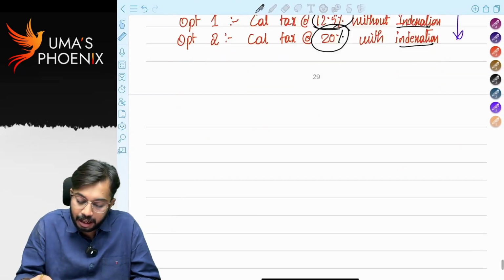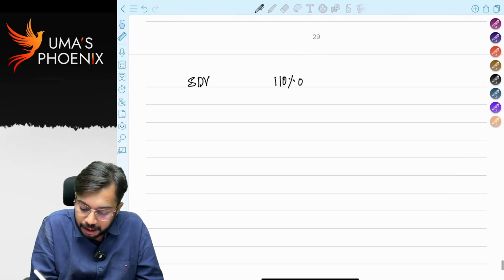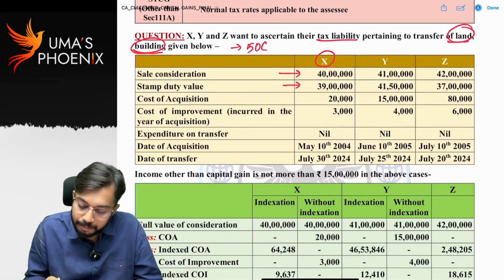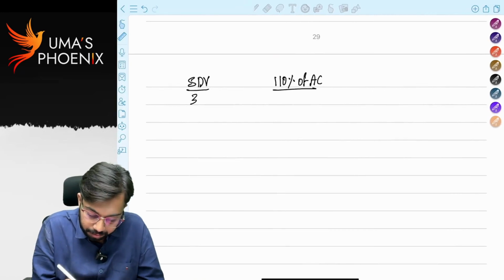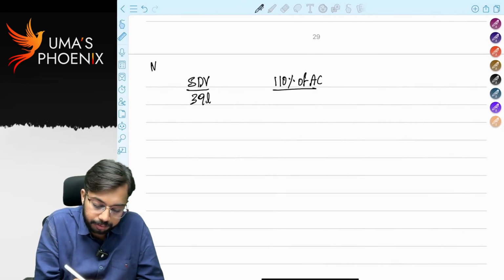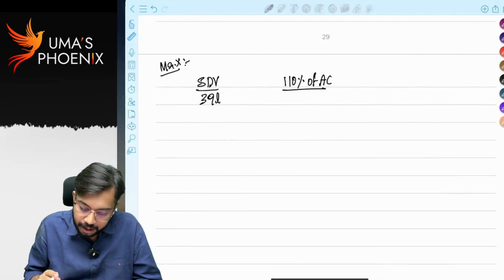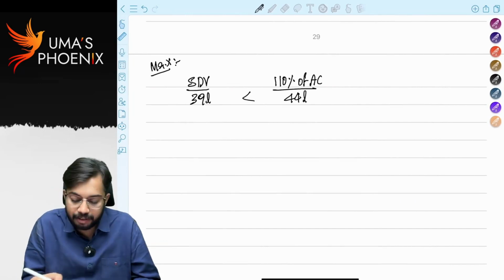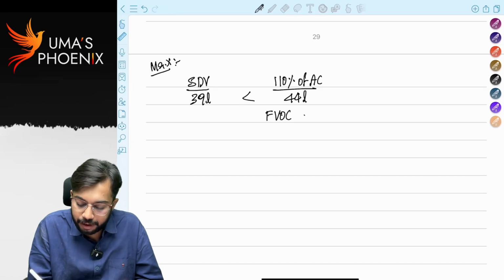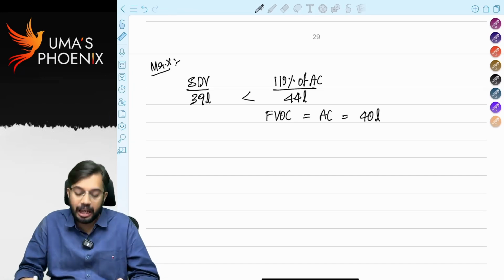As per 50C, we need to compare stamp duty value with 110% of actual consideration, correct? Stamp duty value is 39 lakhs. 110% of actual consideration is 44 lakhs. Stamp duty value is less than 110% of actual consideration. So full value of consideration is equal to actual consideration, which is 40 lakhs.